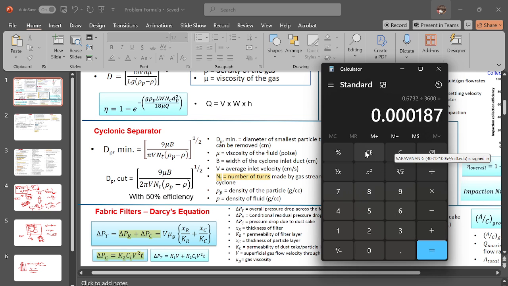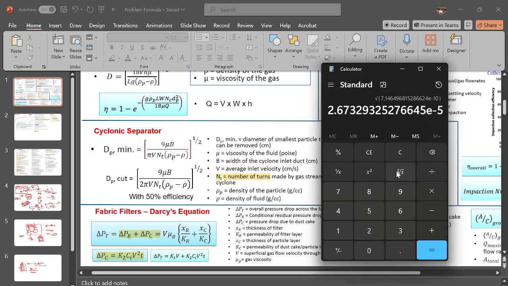This viscosity should be multiplied with 9 into 0.2 divided by 2 divided by 3.14 divided by 10 divided by NT, which is 5, divided by 1500. If you take the root, now it is 26.